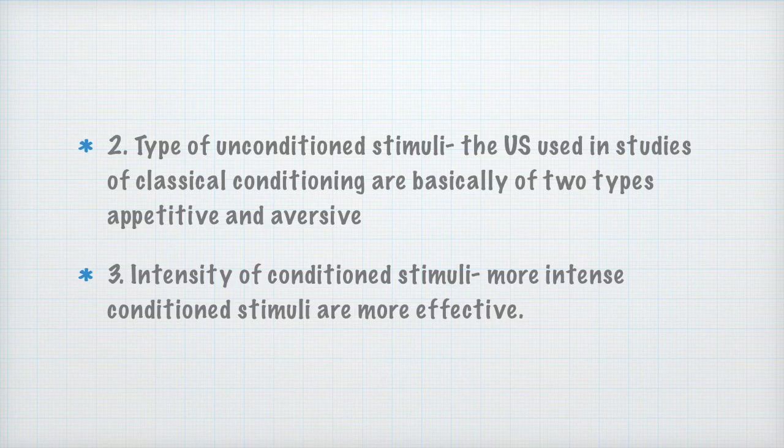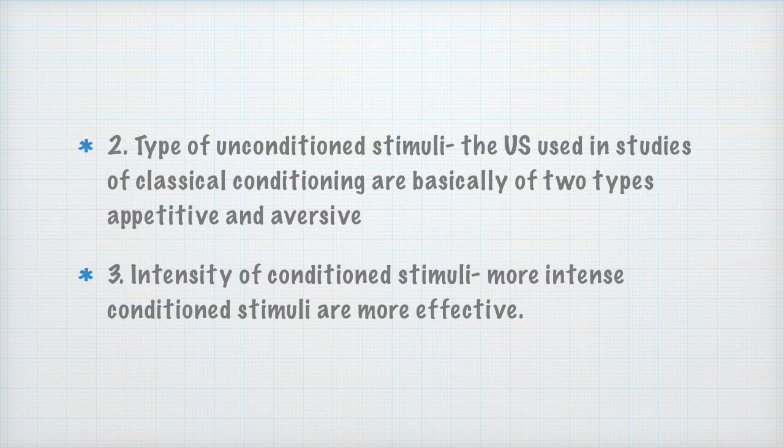When it comes to conditioning, the intensity of the CS is effective. The stronger it is, the more effective it is. Even when it comes to a noise, the louder it is, the more effective it is.